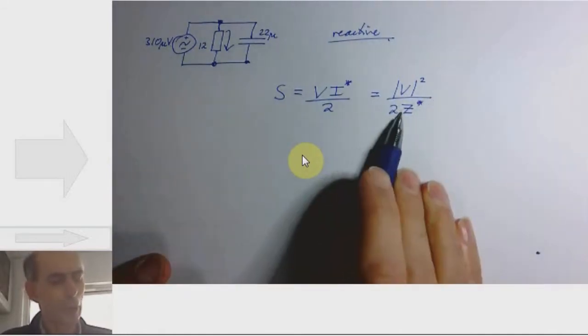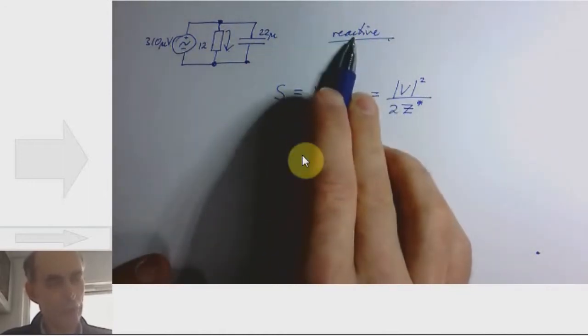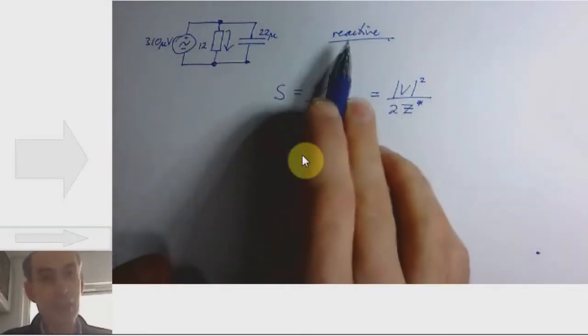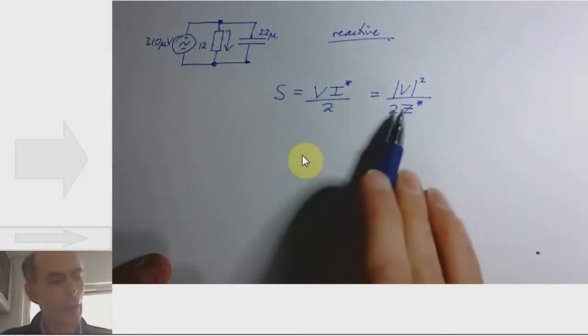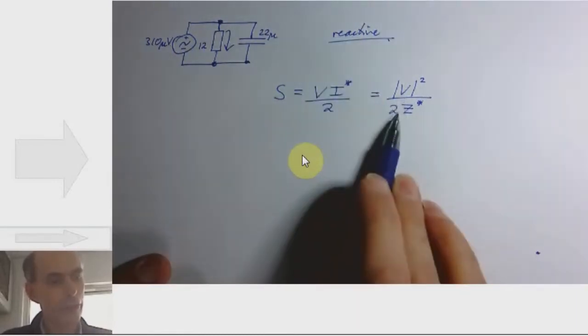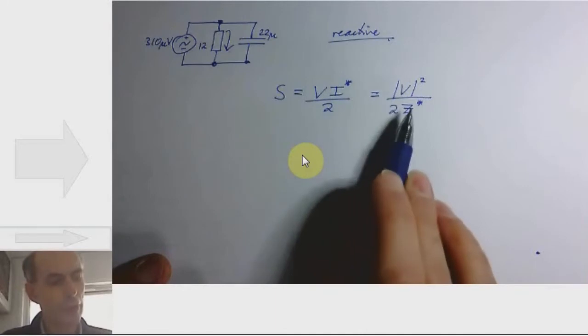Well, this is going to be complex. What I want is the imaginary part of it, because that's the reactive power. The real part of this would give me the active power. If I want just the reactive part of this, the imaginary part of this, then Z has got to be an imaginary number. I need an imaginary impedance.